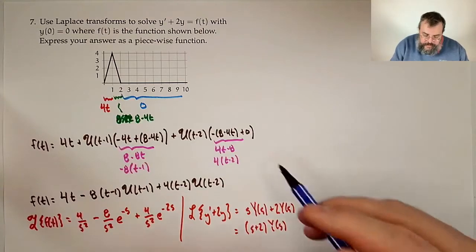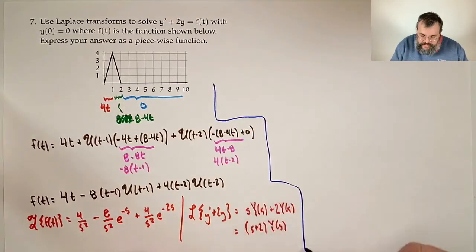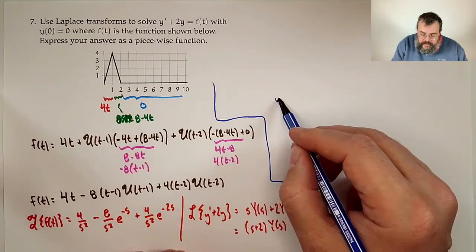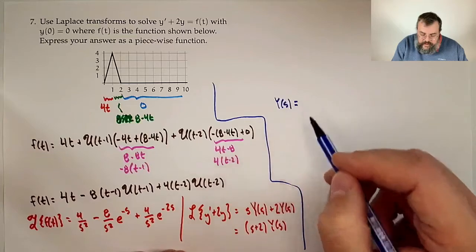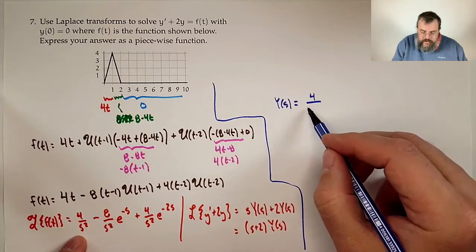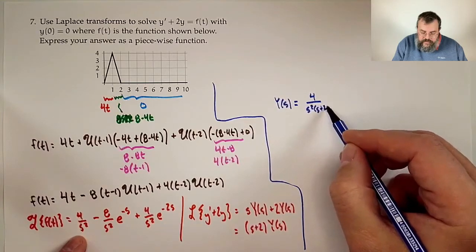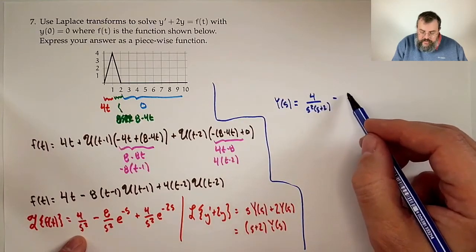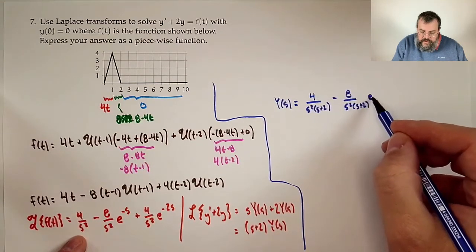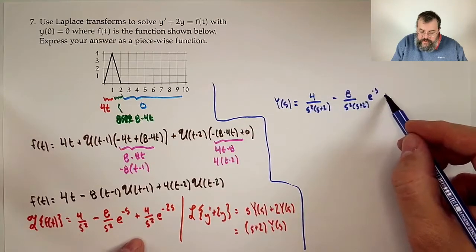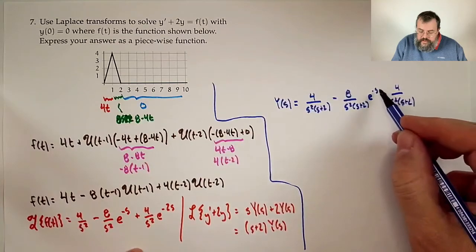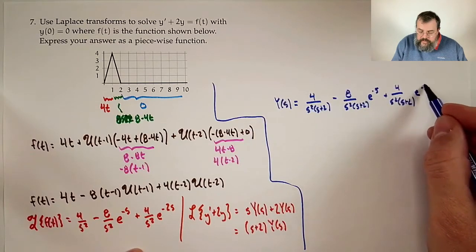So we'll block this part off, that worked, and we say, all right, look, Y of s is equal to 4 over s squared times s plus 2, minus 8 over s squared times s plus 2 e to the minus s, plus 4 over s squared times s plus 2 times e to the minus 2s.